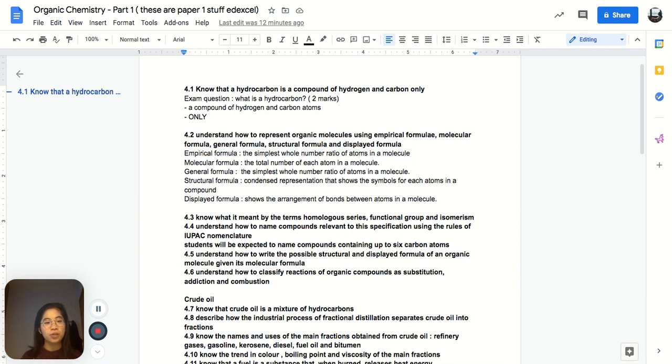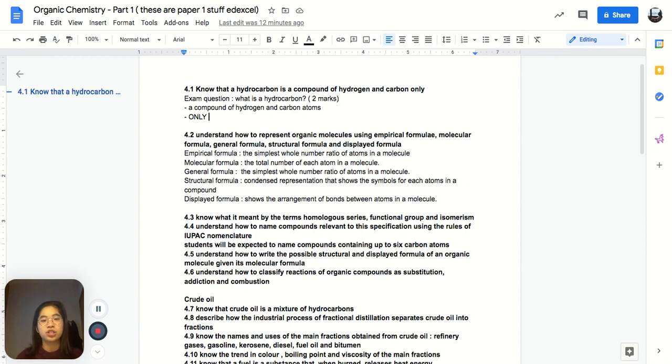The second point is 4.2, understand how to represent organic molecules using empirical formula, molecular formula, general formula, structural formula, and display formula. These are more of a memorizing than understanding. You just have to remember the definitions. You don't have to remember word by word, because they won't ask you what's the definition of empirical formula.